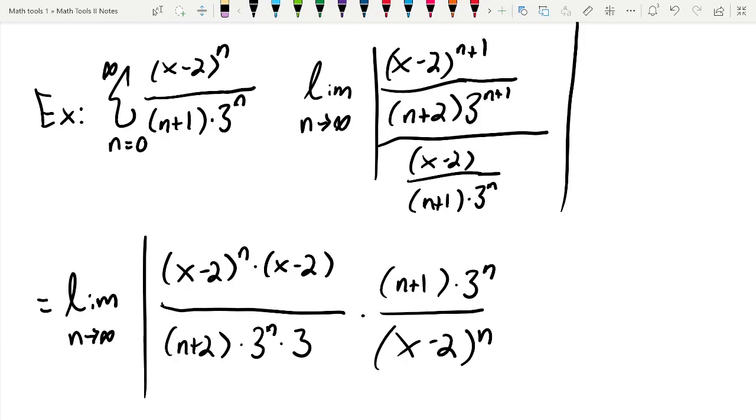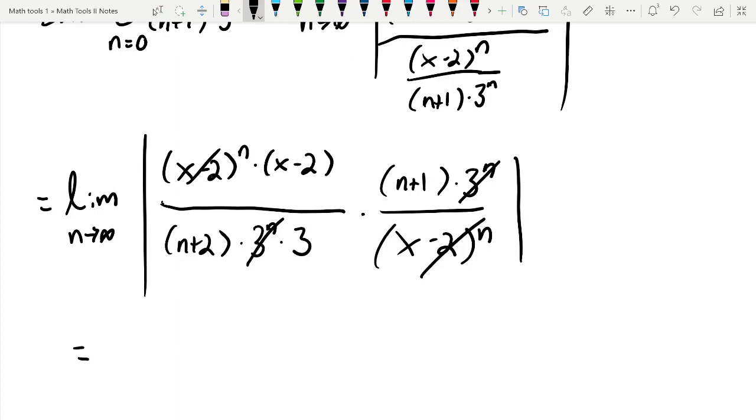I don't know why I wrote 2 up here. It should have been to the n. So cancel some stuff out here. Can't cancel the n plus 1. And n plus 2 here this time. But that's okay. So I'm going to pull out the stuff that the limit doesn't depend on. So the x minus 2 and the 3. Okay. So x minus 2 over 3. We don't need the absolute value around 3. We know 3 is positive.